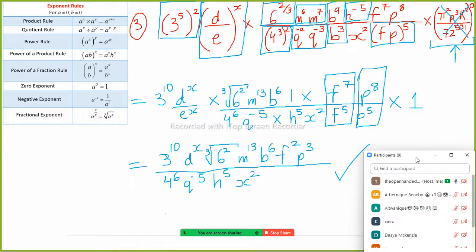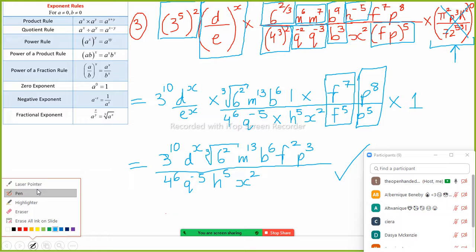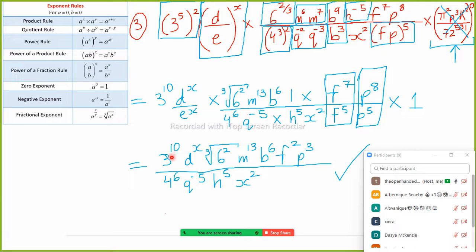If we were simplifying the constants, we would have combined all our numbers together. So like the 3 to the 10th and this term and the numbers, we'd have combined them together and simplified it. But for these ones, I'm going to leave the numbers as such. And so this is the simplified version of all of that.